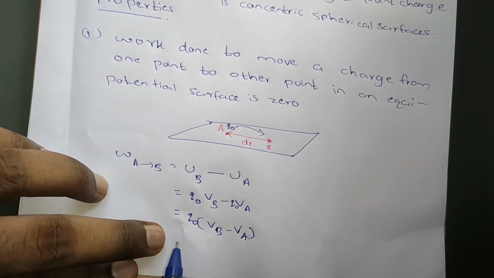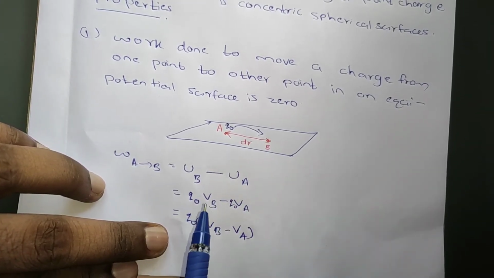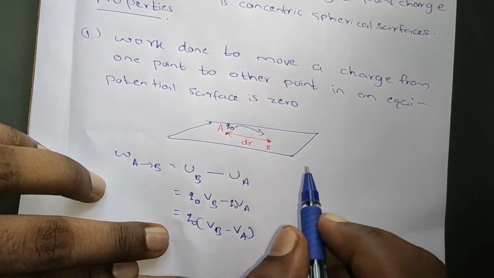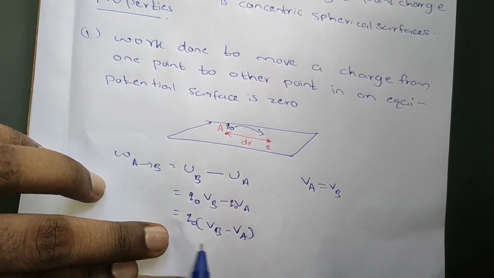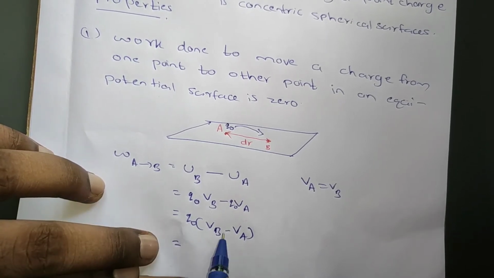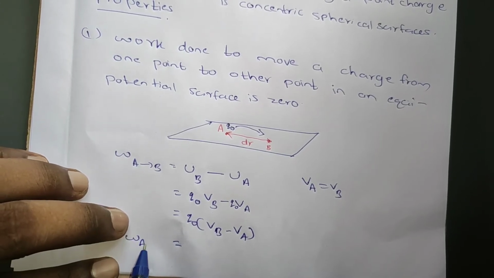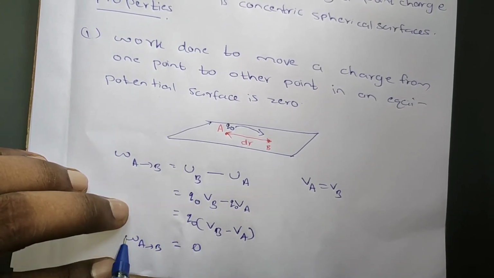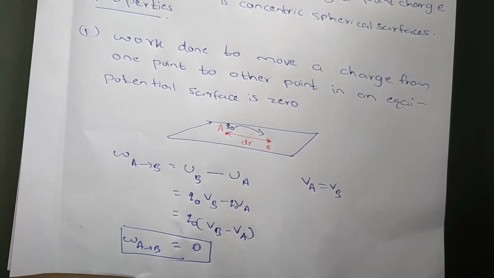VA and VB are points in an equipotential surface, so VA is equal to VB. So this value becomes 0. So the work done to move a charge in an equipotential surface is 0. This is about that property.